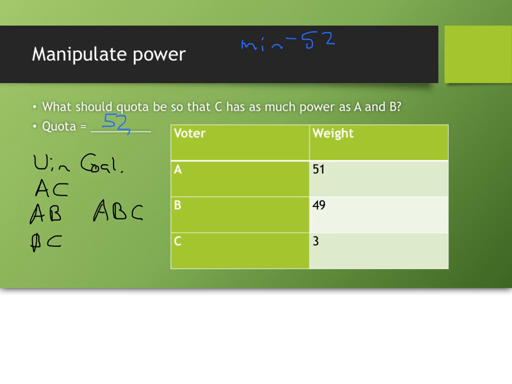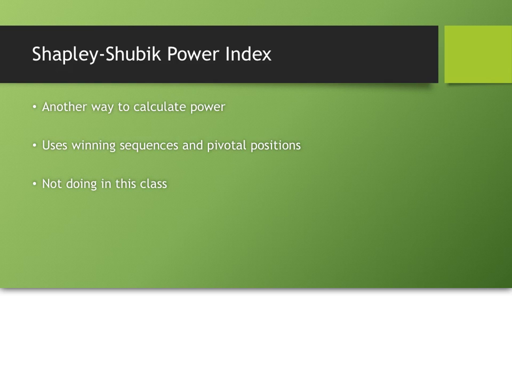So if you look at their critical counts here, they're all 2, 2, and 2. So C has exactly the same amount of power, which is 1/3 or 2 out of 6, as A and B do. All right. So you should be able to do some manipulations with the quotas to be able to manipulate power.